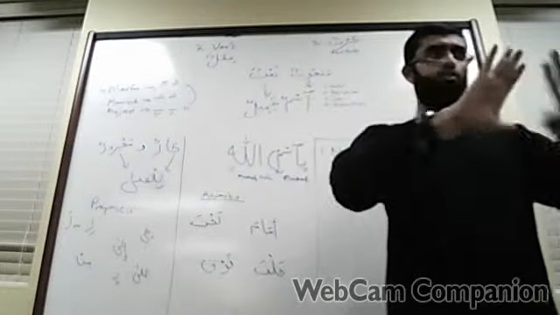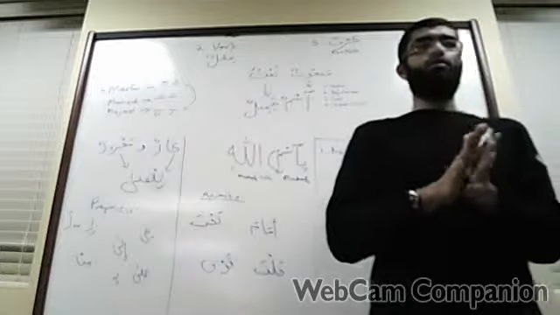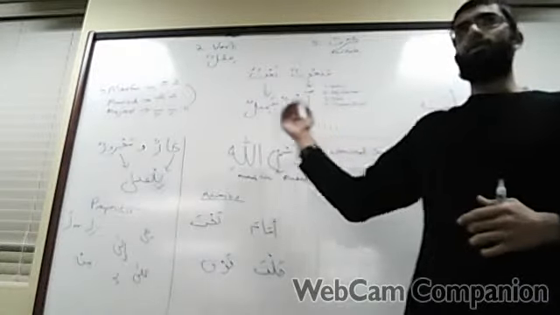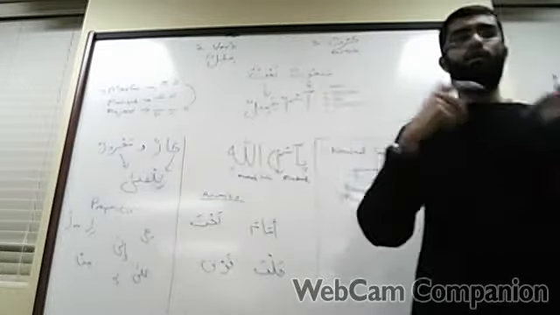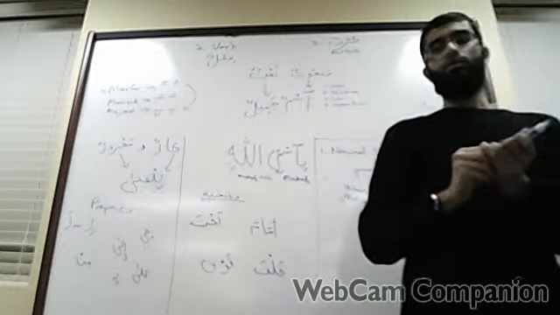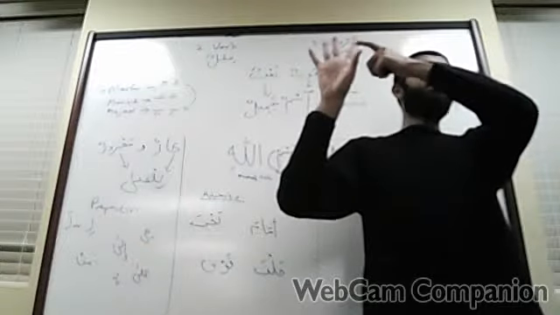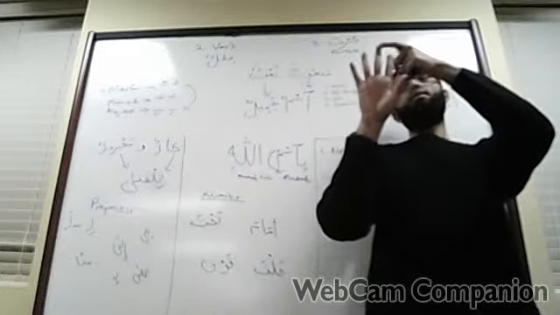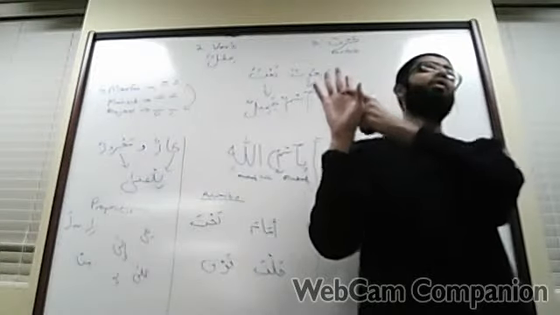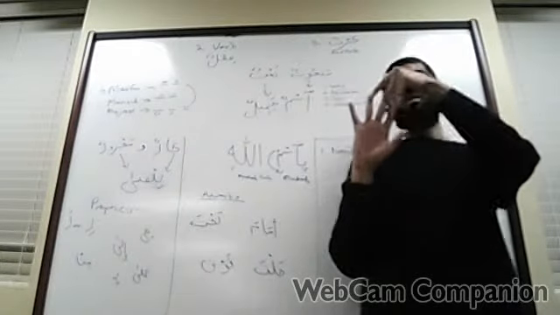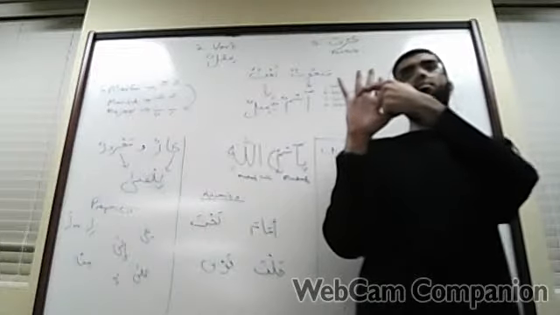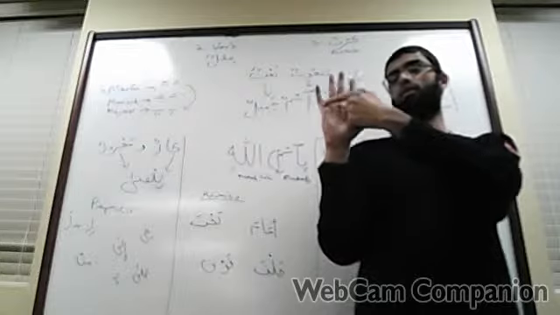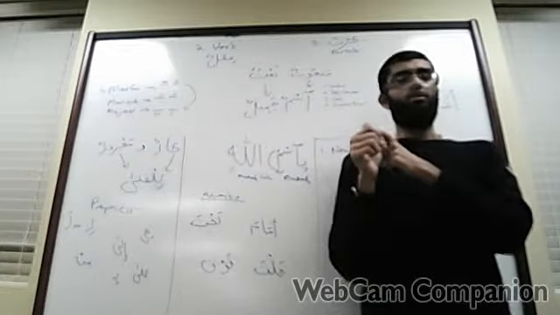So this is the week that you should have that memorized. This is the week that you want to get it, because when we start attaching words to it, then it's gonna be a little bit tricky. Okay. So ready? Huwa, huma, hum, hiya, huma, hunna, anta, antuma, antum, anti, antuma, antunna, ana, nahnu.